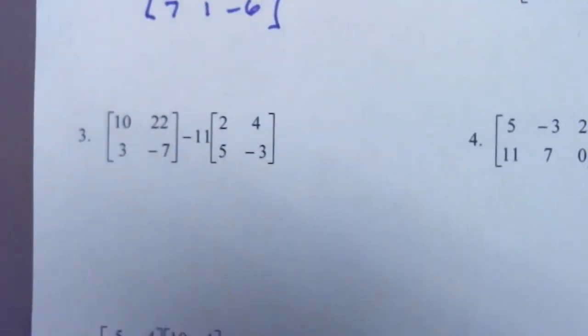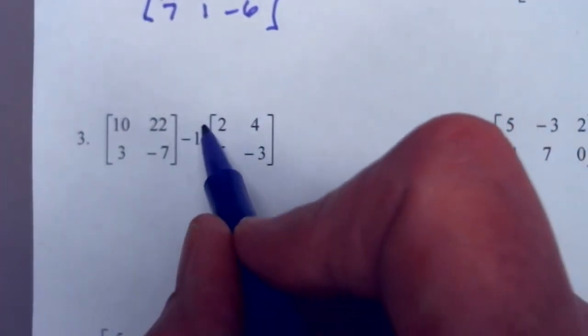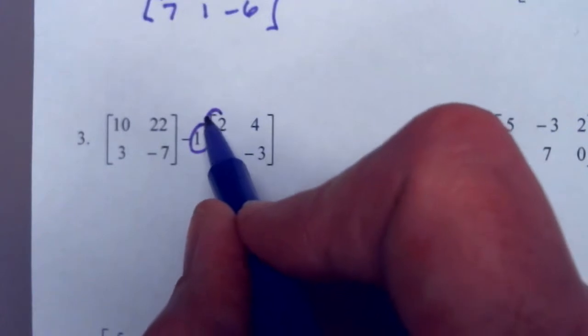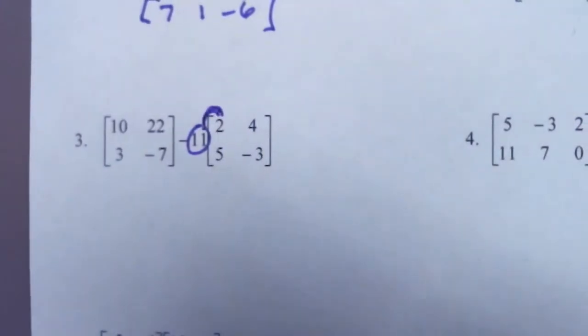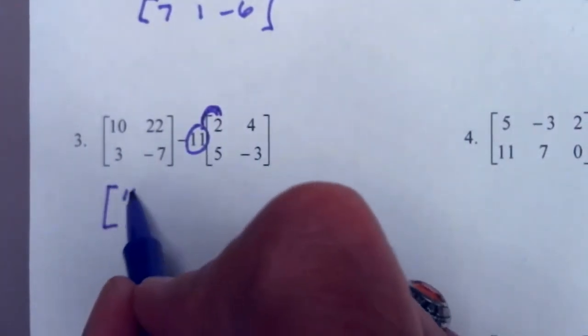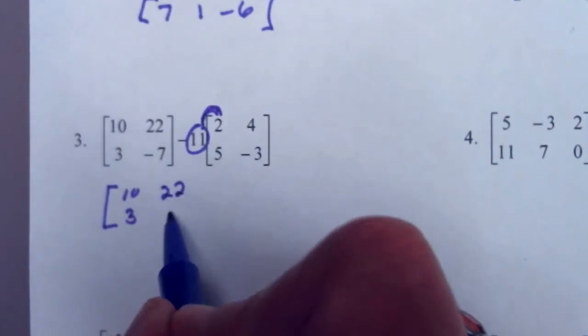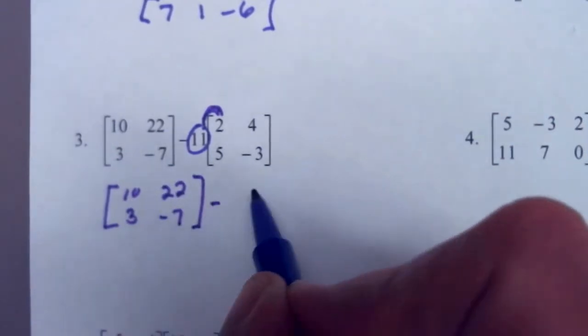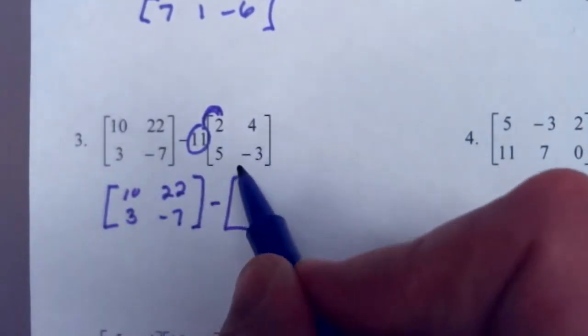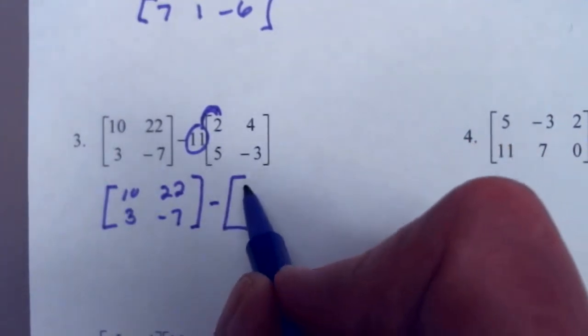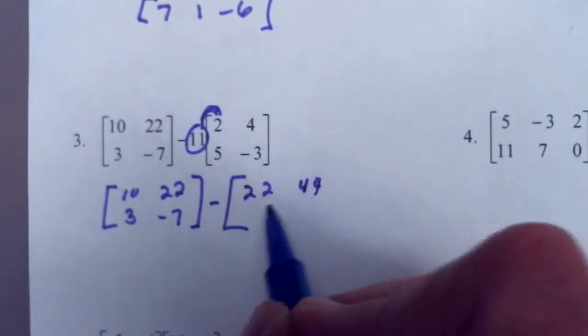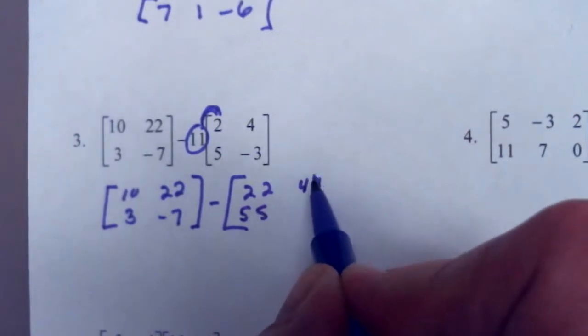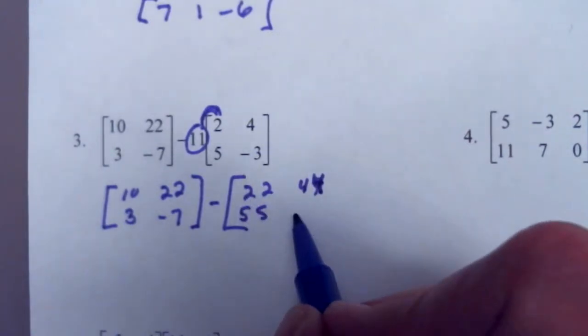Number 3 is only slightly more complicated. We should multiply everything in the second matrix by 11 first. So I'll rewrite the first matrix, 10, 3, 22, negative 7, minus, then multiplying everything in the second matrix by 11: 22, 44, 55, and negative 33.